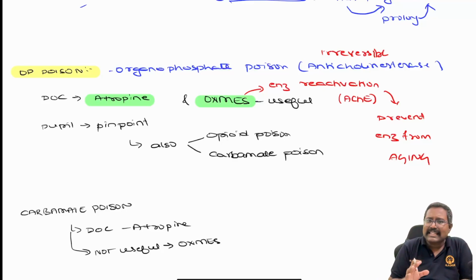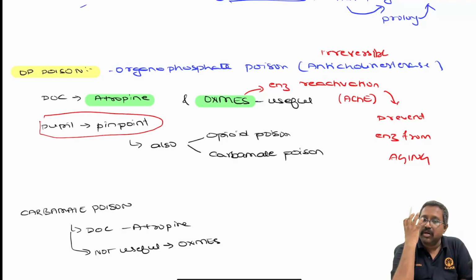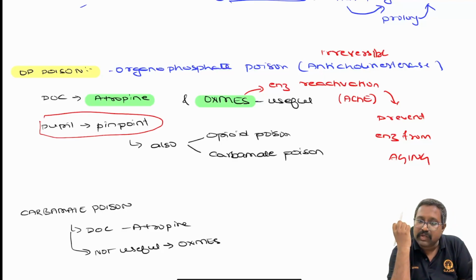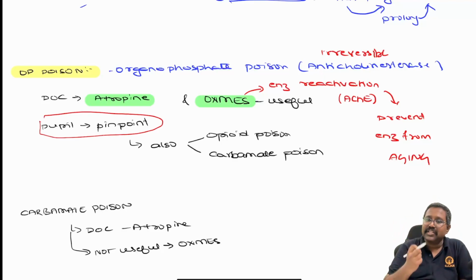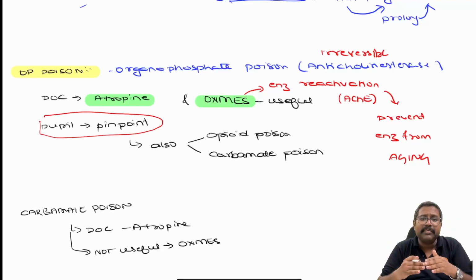The classical sign that you are going to see in a patient with OP compound poisoning is a pinpoint pupil. The pupil will be constricted. There will be a reduction in the pupil size. So what are the other conditions where you're going to see a decrease in the pupil size?